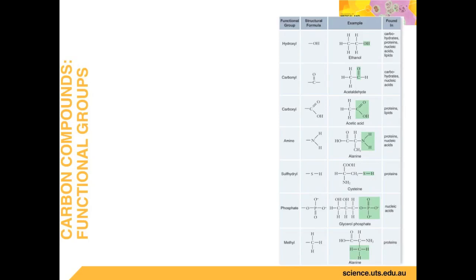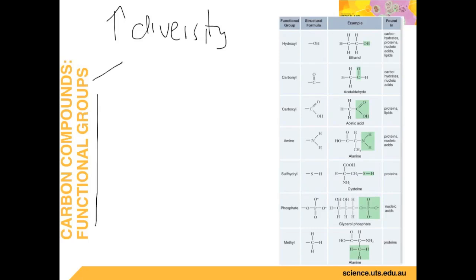Carbon compounds, not only do they have a great variety due to the type of bonding that carbons can make, and also the different elements that can be involved, we've also got another way to increase diversity, and this is via functional groups, which are also known as R groups. And functional groups are different groups of elements that have different chemical properties, chemical characteristics.